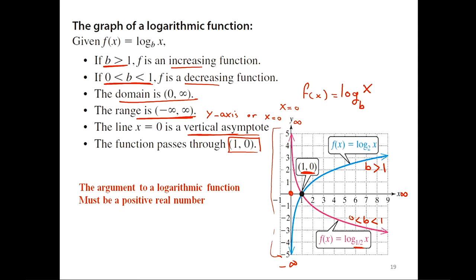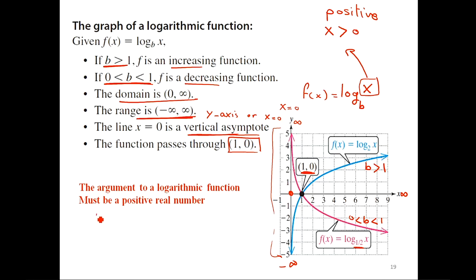Anything inside the logarithm, x, must be positive, greater than 0. It cannot be negative, it cannot be 0, it must be positive inside the logarithm.